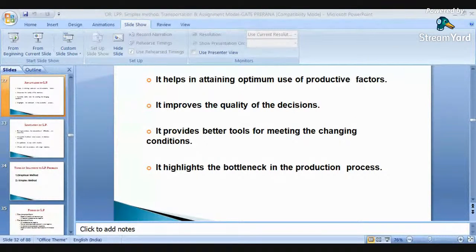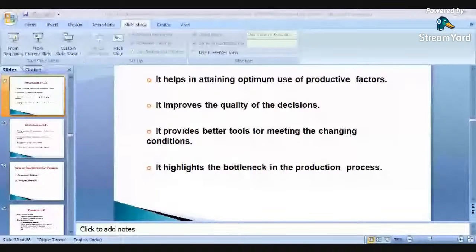So the forms of linear programming are the canonical form and the standard form. In the canonical form, the objective function is of the maximum type. All decision variables are non-negative.